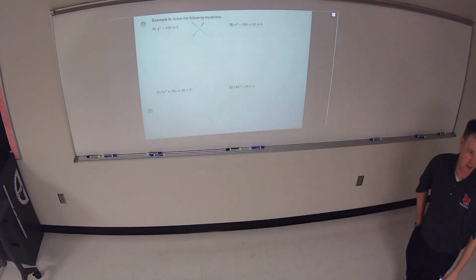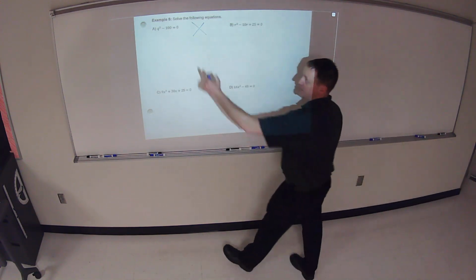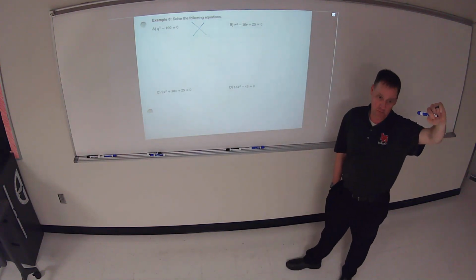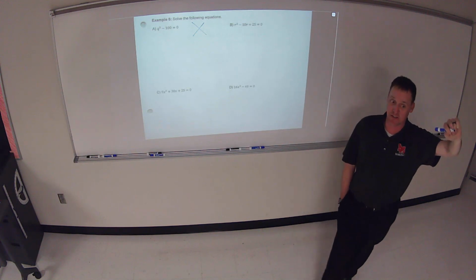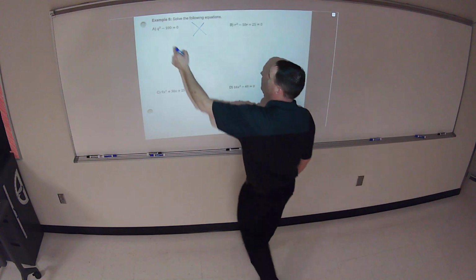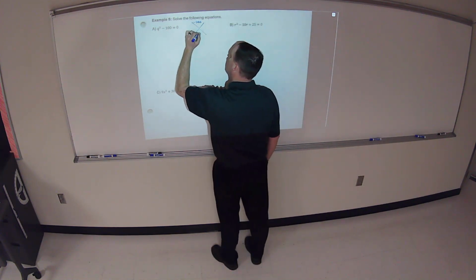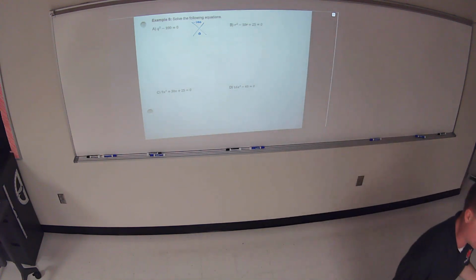Mulnick, what's my A times C value in this problem? My A is 1. My C is... Nope. Not my C. My B is 0. My C is negative 100. So the product of A and C here is negative 100, and my B value is 0. Remember, this is what we call the special case.